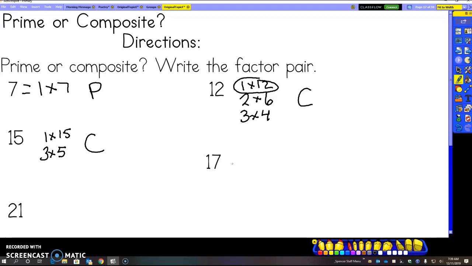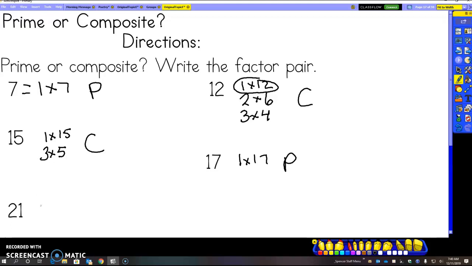What about 17? Might not know, so we might need to check a little bit, but 1 times 17 is for sure. 2 doesn't multiply to get to 17. 3, 4, 5, no, 6, no, 7, no, 8, no, no, no, no. So the rest is a no. So this is another prime number.